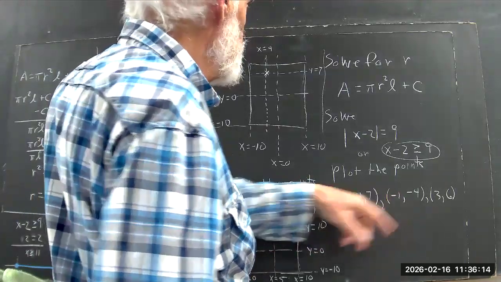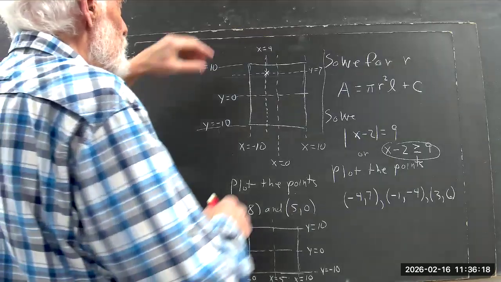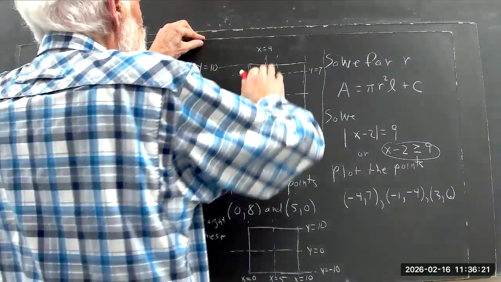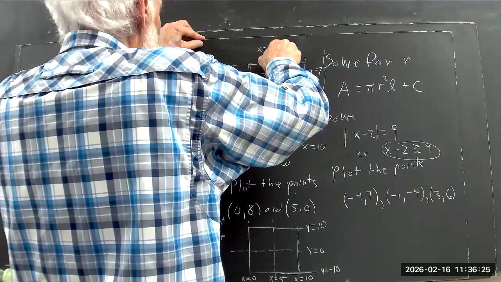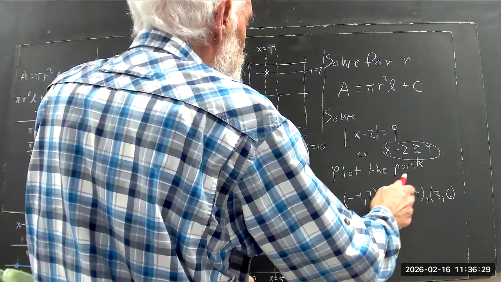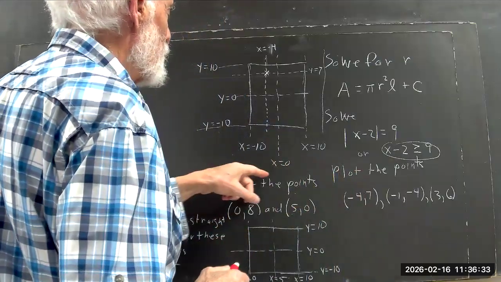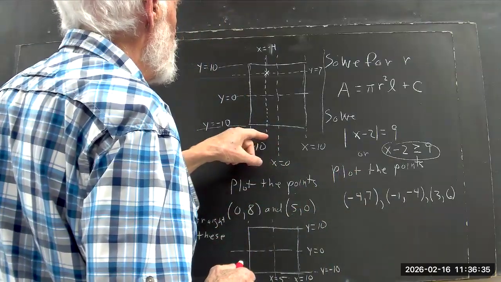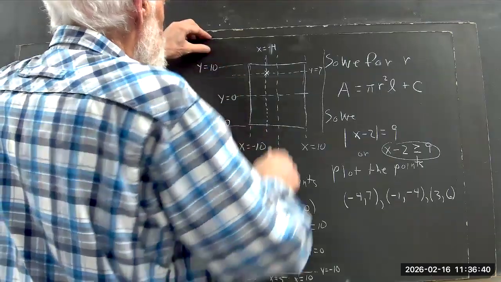Then we want -1, -4. Well, when I labeled this line x equals 4, that was wrong. It's x equals -4. Okay. Now the point -1, -4, we want x equal -1. Well, -1 is going to be between 0 and -4 and much closer to 0.